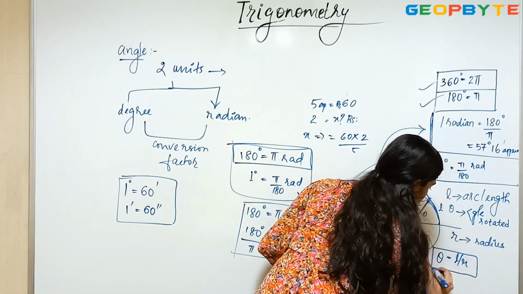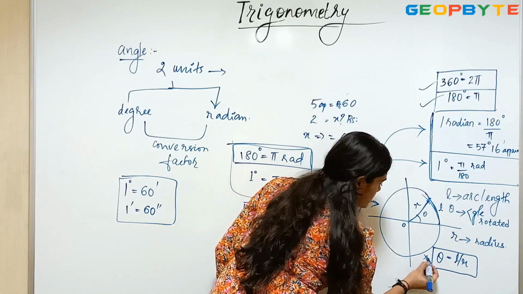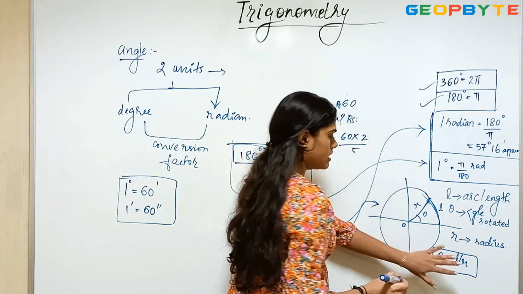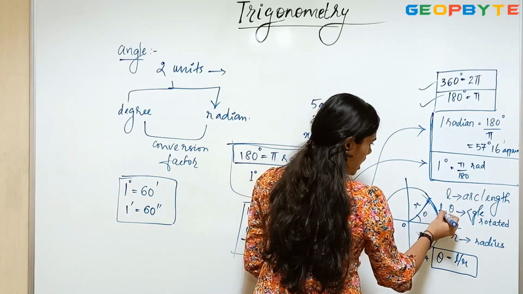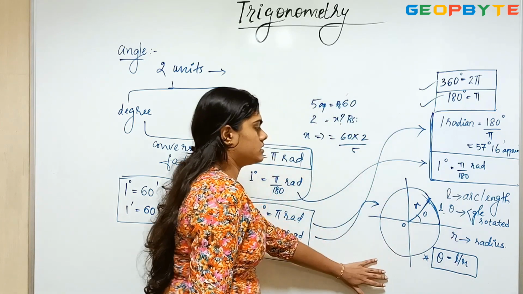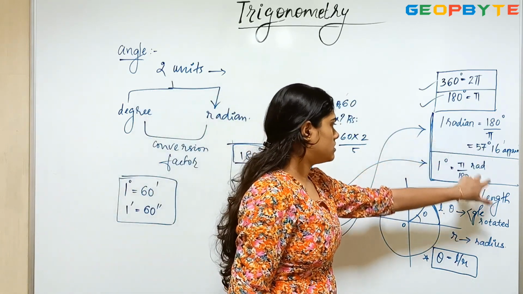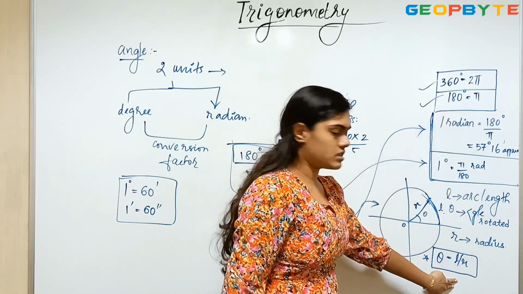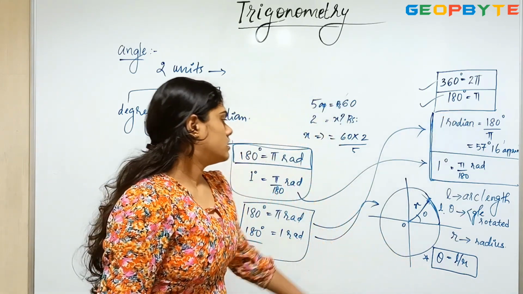This is a very important relation: theta equal to L by r, where L is the arc length and r is the radius. If you know this formula and the conversion formula, you can solve some problems.